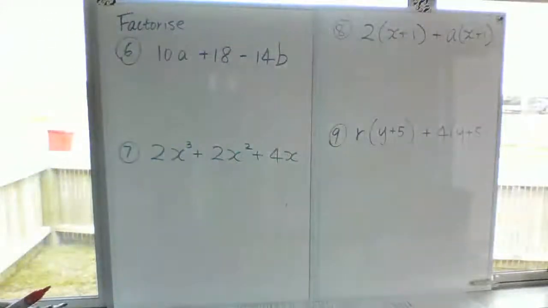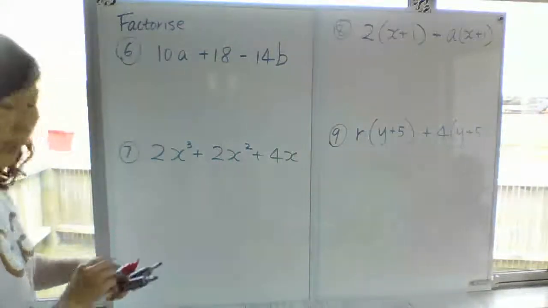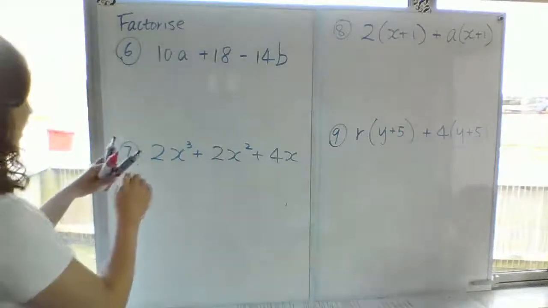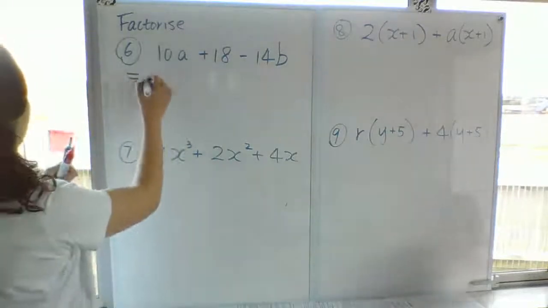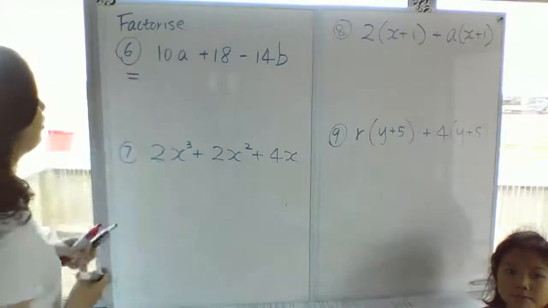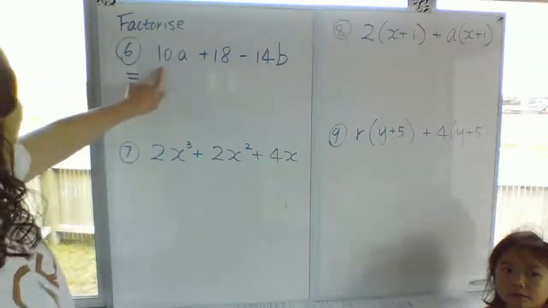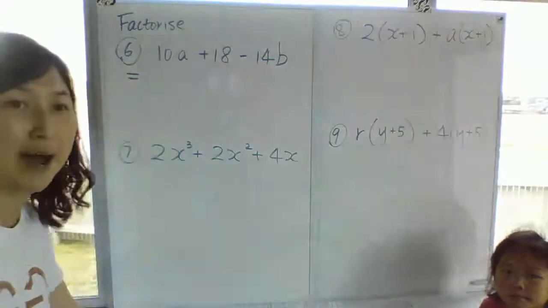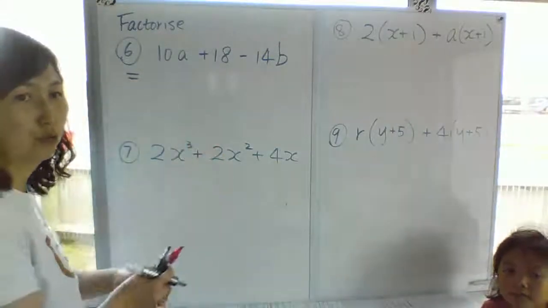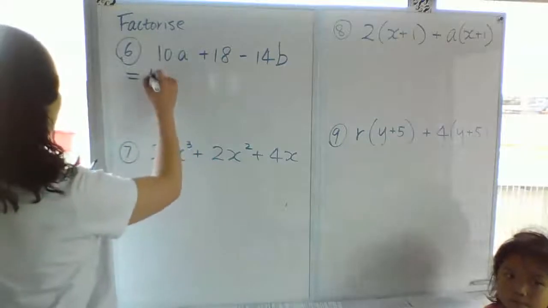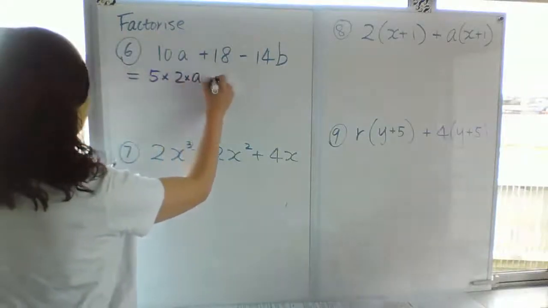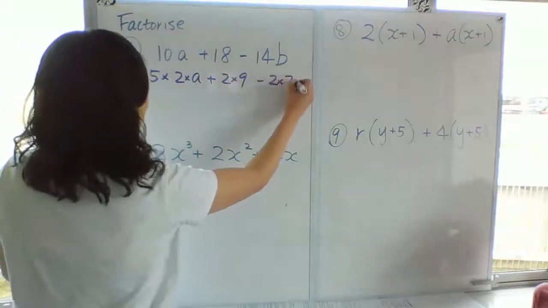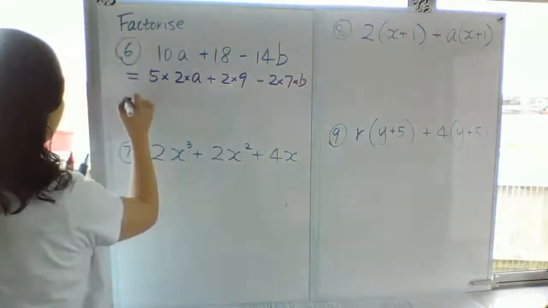Thank you so much. Okay, now let's have a look at the question 6 together. So question 6, we are going to write every term in the format of the factors. So just observe first, you've got 10, 18, and 14. Everything can be divided by 2. Yep. So I can write 5 times 2 times A plus 2 times by 9, take away 2 times by 7 times by B, and that will get me.